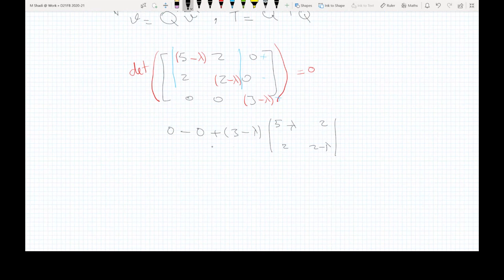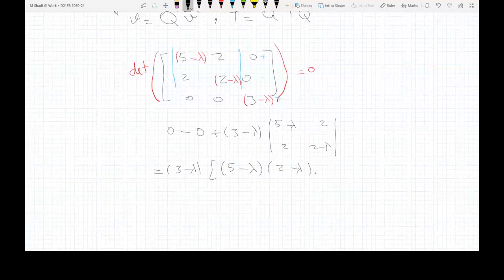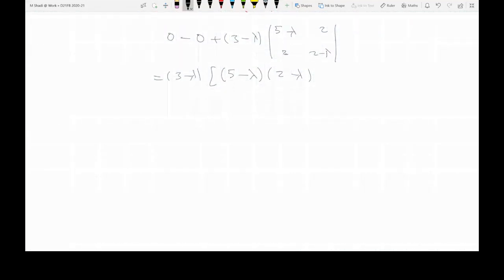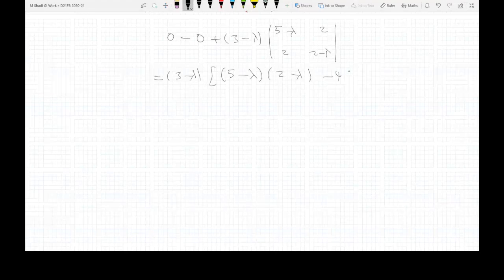So this is basically (3 minus lambda) multiplied with ((5 minus lambda) multiplied with (2 minus lambda), and then subtract 2 multiplied with 2, which is minus 4), and this is equal to 0.